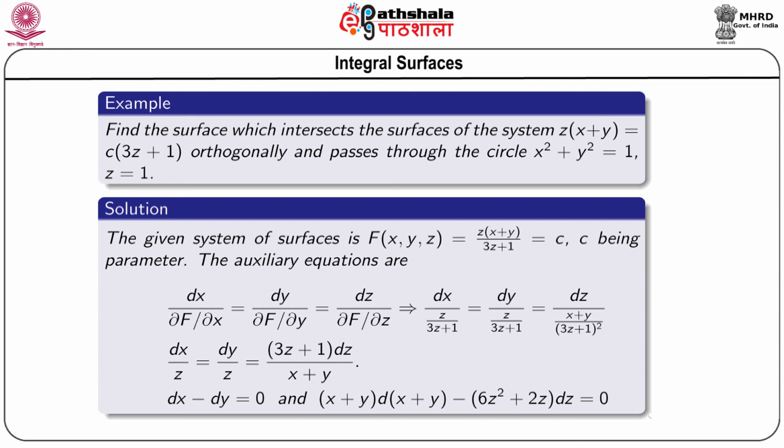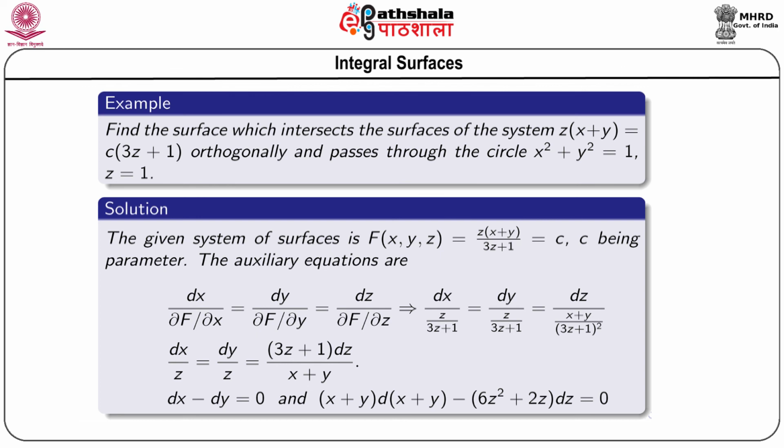Now, the auxiliary equation for the orthogonal system of surfaces is given by dx/(∂f/∂x) = dy/(∂f/∂y) = dz/(∂f/∂z). Substituting the values of f, we obtain the equations in simplified form: dx/z = dy/z = (3z + 1)dz/(x + y).